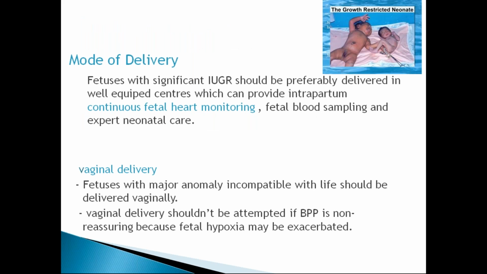The mode of delivery again depends. If it is normal and there is no added complication, you can give her a vaginal delivery. But if at any time there is fetal asphyxia, or it is a very small baby, she cannot tolerate the head compression and pressure during vaginal delivery.